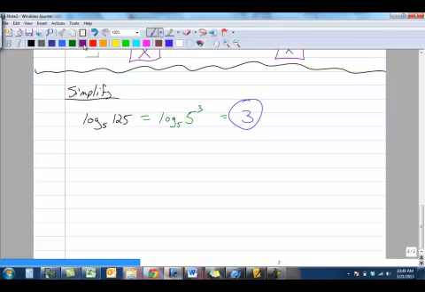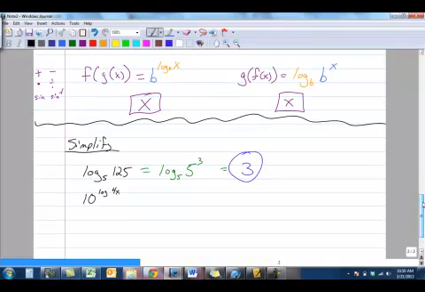All right, let's try another one. How about 10 raised to the log of 4x power? All right. So, is this like number 1 or is this like number 2 up here? I would argue it's number 1 here, right? Now, because we have a log in the exponent. The only thing is this was base b, and we raised to the log base b.